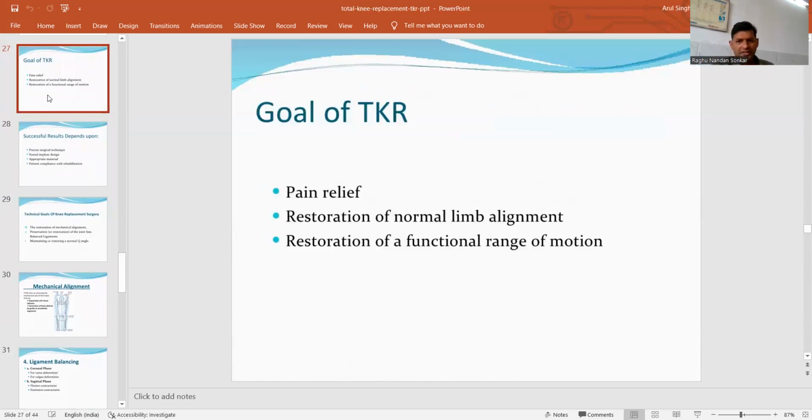Goal of TKR: pain relief, restoration of normal limb alignment, restoration of functional range of motion.